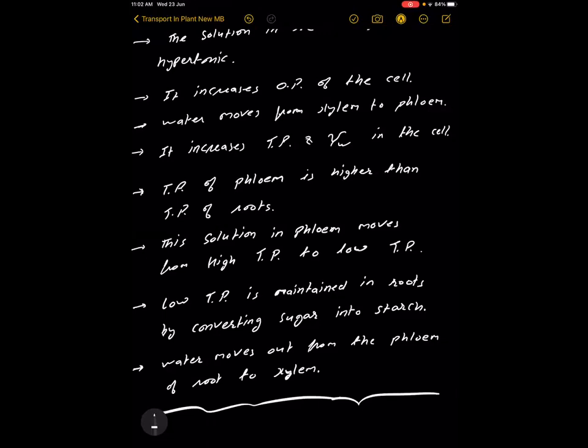If you increase the amount of solutes in solution, then it decreases water potential. In other words, you can say the strength and concentration of the solution increases, and it increases osmotic potential also.